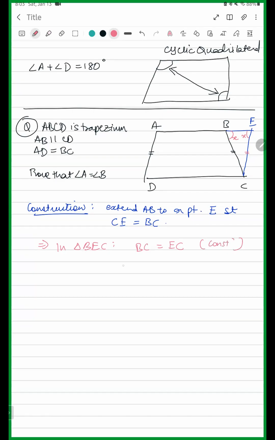Therefore, angle CBE is equal to angle CEB. And we know that this is the property of angles in an isosceles triangle. I'm not going to write it again, but in your exam, you have to write it. So this is equal to X, say.